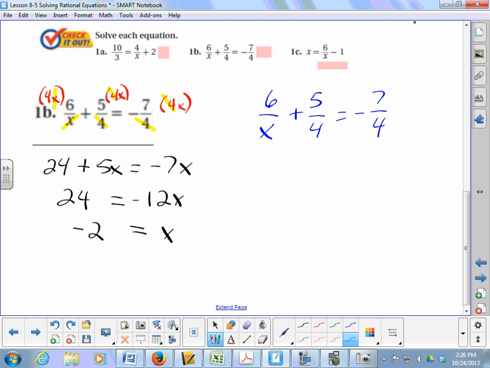What's that? I can't at this point in time, right? But you're on the right track. So what would I have to do to be able to cross multiply? Okay. Since the 5/4 and the negative 7/4 have a common denominator, I could get those two together to start with. So I could subtract 5/4 from both sides first.